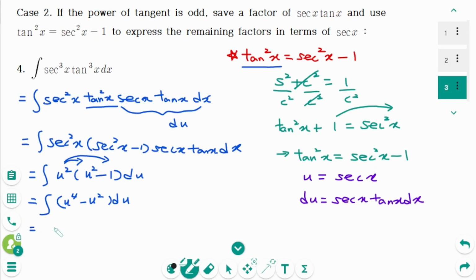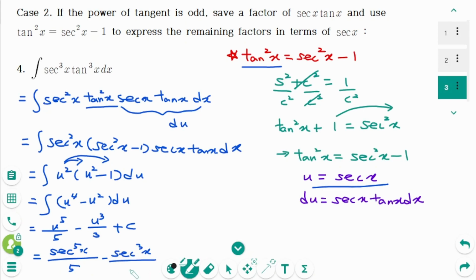Then integrate u to the power of 5 over 5 minus u cubed over 3 plus c equals u was secant x, then secant to the power of 5 x over 5 minus secant cubed x over 3 plus c.